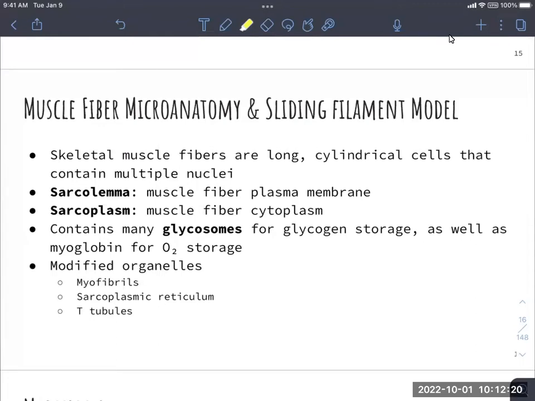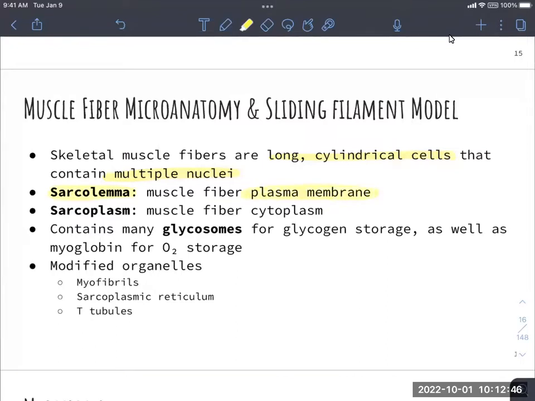As I've pointed out, skeletal muscle fibers are long cylindrical cells, and they have multiple nuclei per fiber. They have a sarcolemma. Remember, sarco means muscle. That's their plasma membrane.